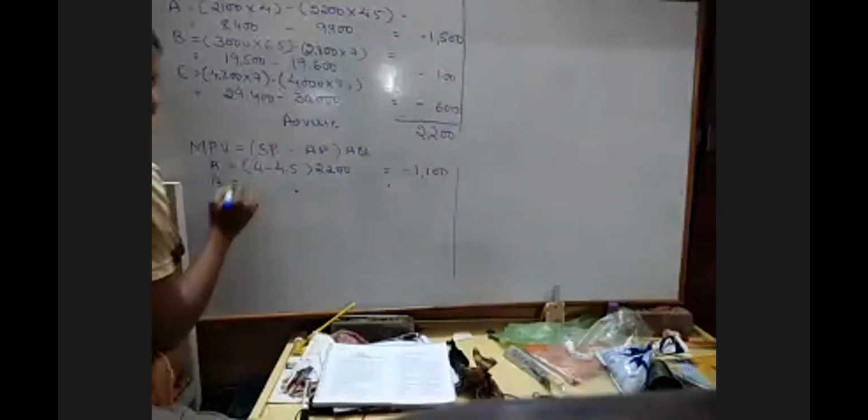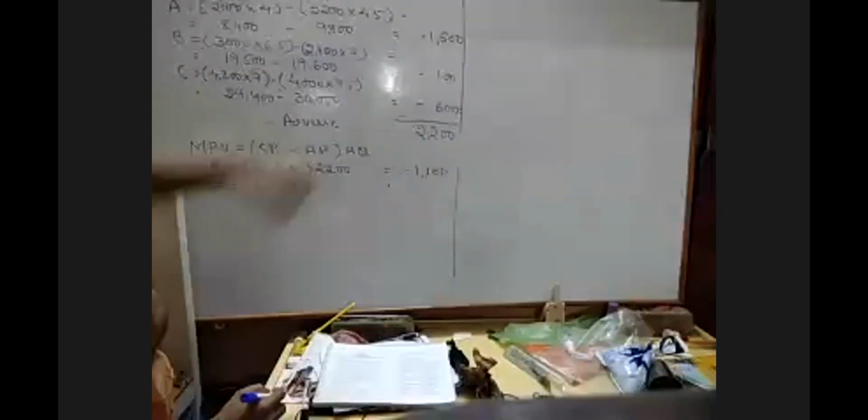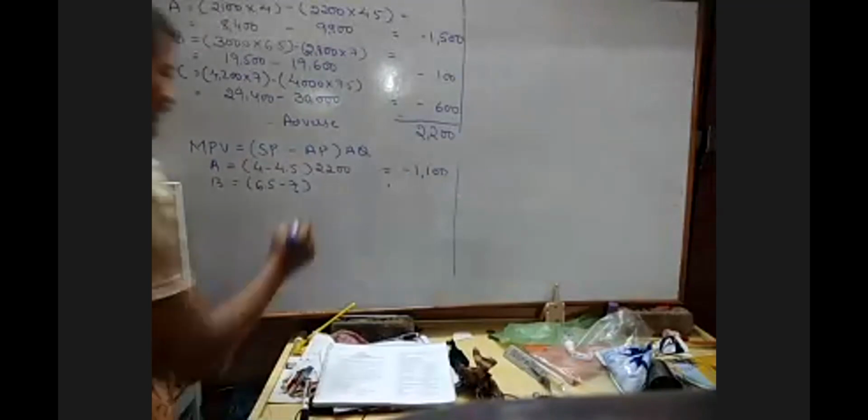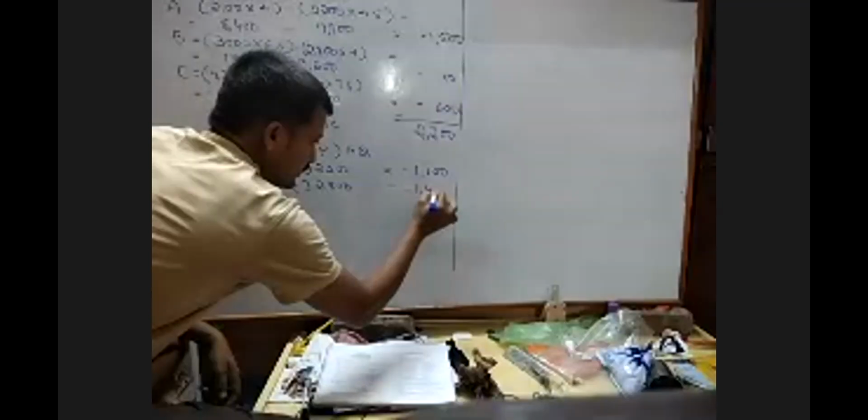Okay. B: 6.5 minus 7 multiplied with 2,800, which is minus 1,400.